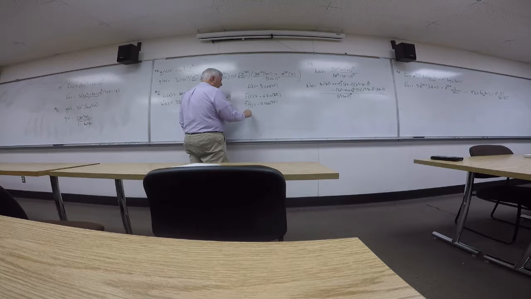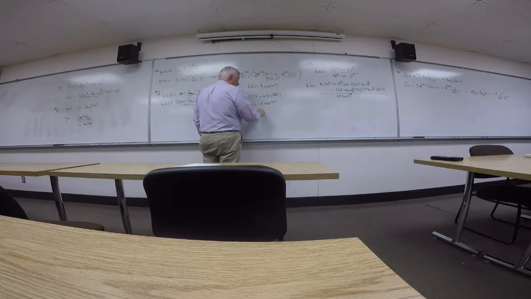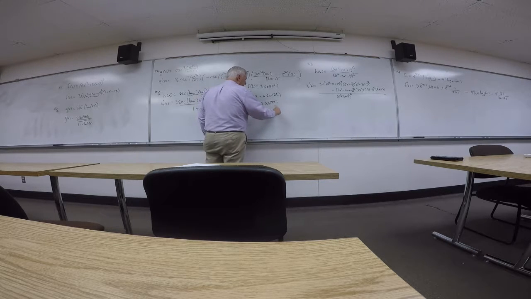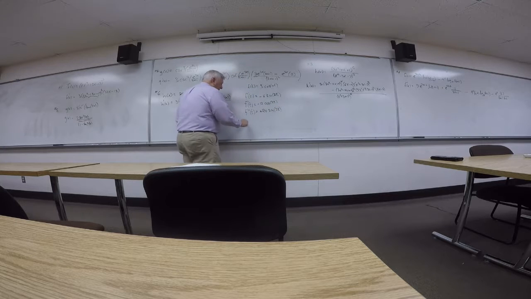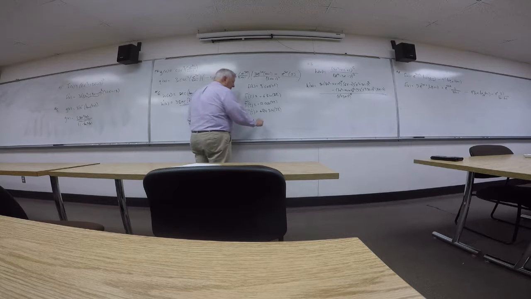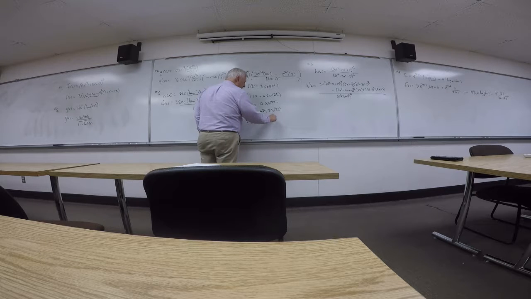The triple prime of t is plus 24 times the sine of 2 times t. The 4th derivative of t is 48 times the cosine of 2t.